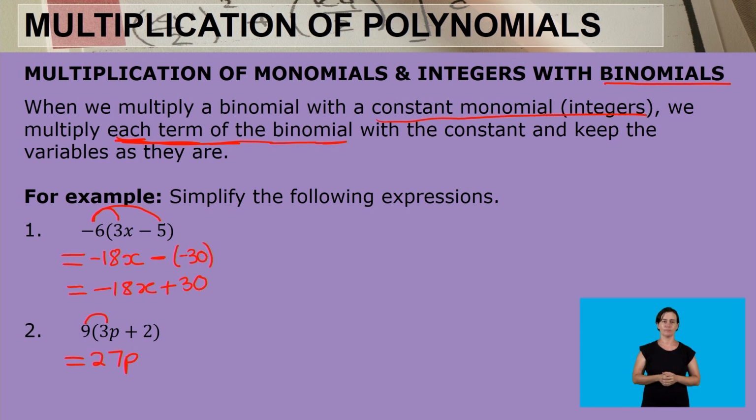Then we are adding in this binomial. So we are going to further multiply the 9 with the 2, because remember, each term in the binomial must multiply with the integer, or the monomial, that is being multiplied. So 9 multiplied by 2, that is going to give us 18. So our final answer there is 27p plus 18.